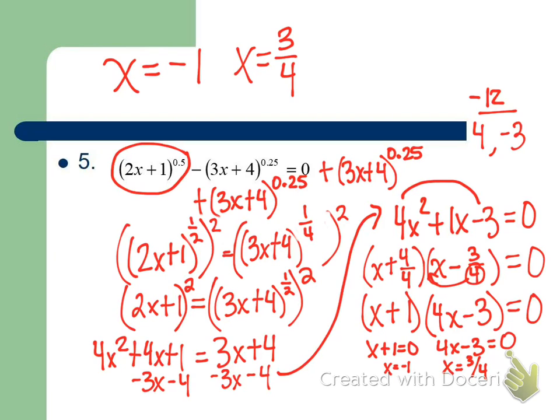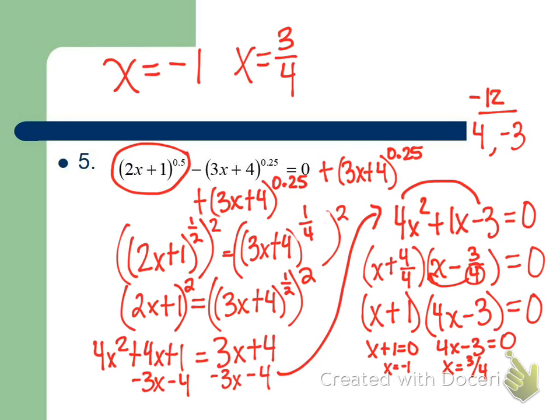Now, do we have any questions about the solving step before we do the checking step? Are we sure? The solving step was awfully long. It's mostly review, you're correct.